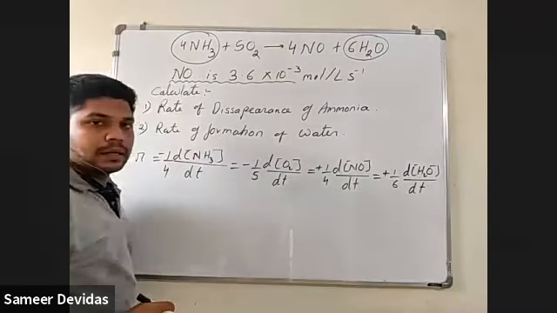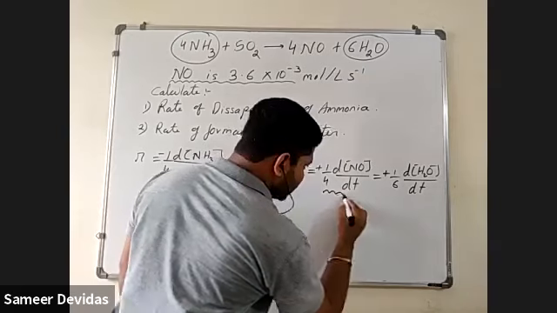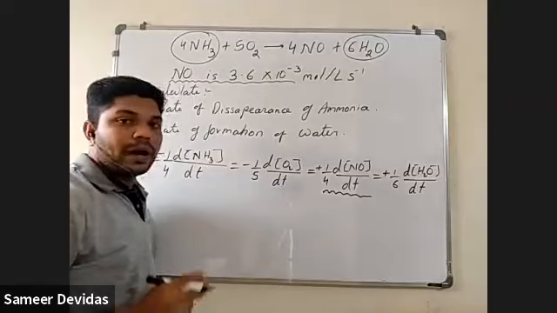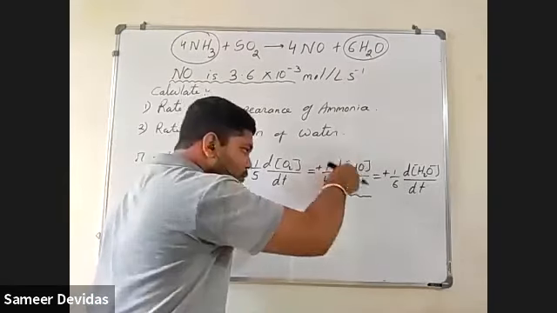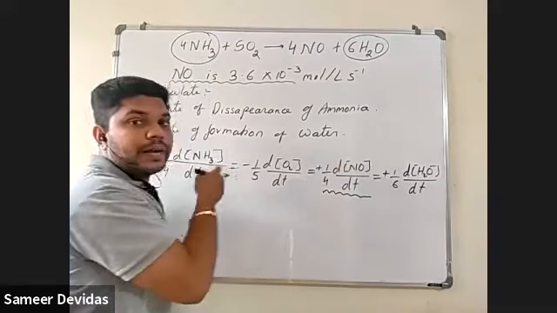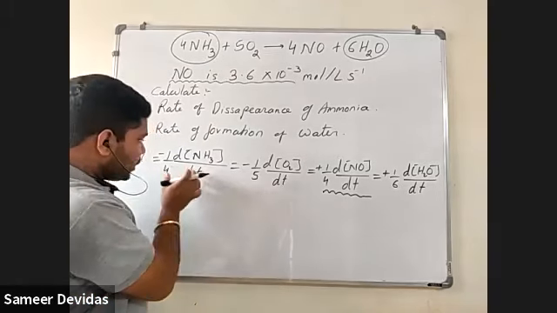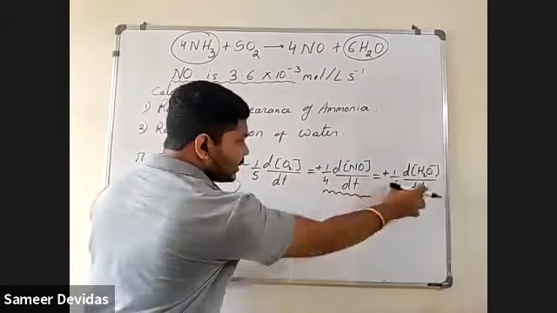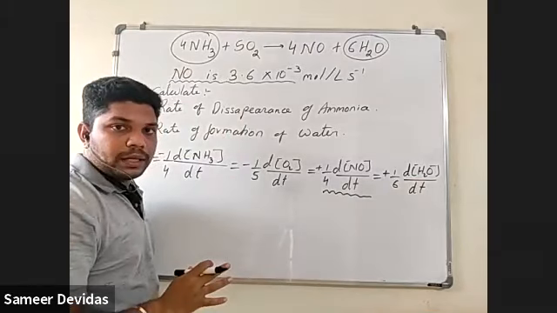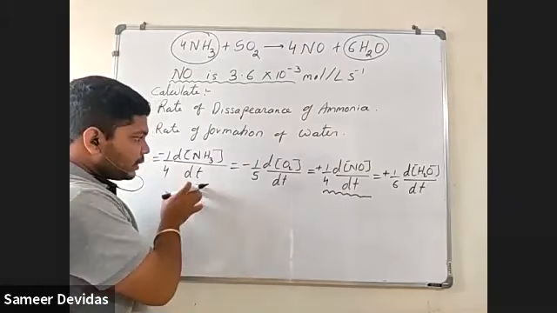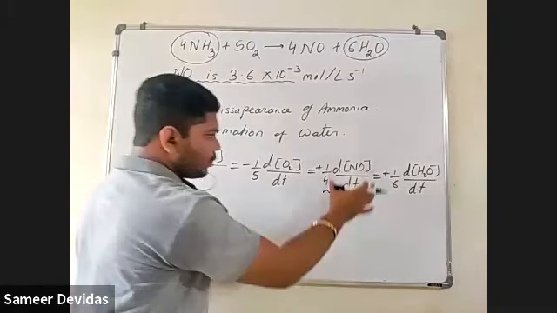Third. That means this concentration is given to you. Why is it given? Because by using this, you are going to find the others, since everywhere it is mentioned as equal to. That means this is equal to this is equal to this is equal to this.